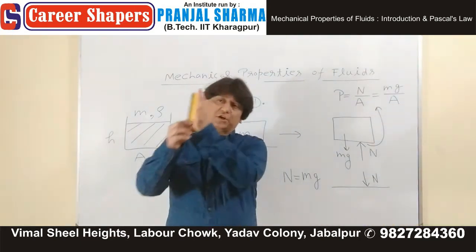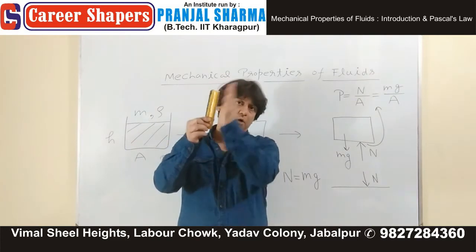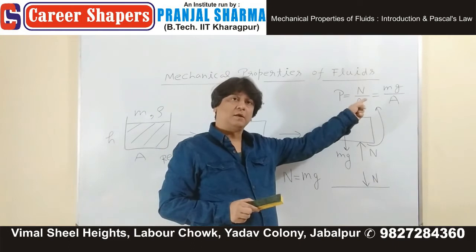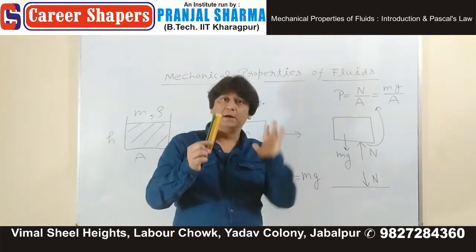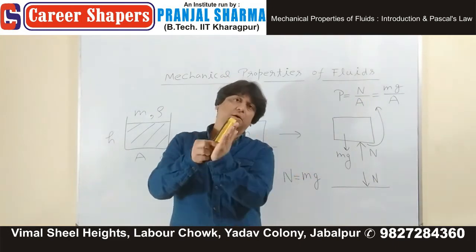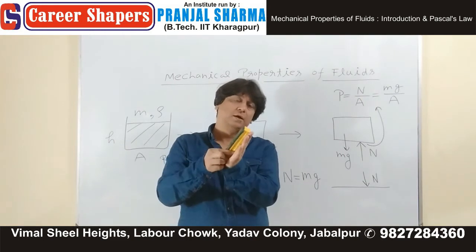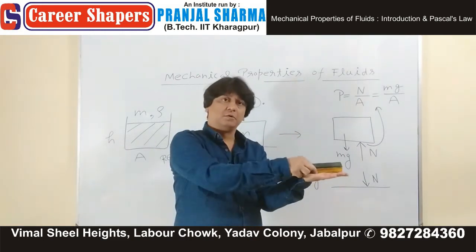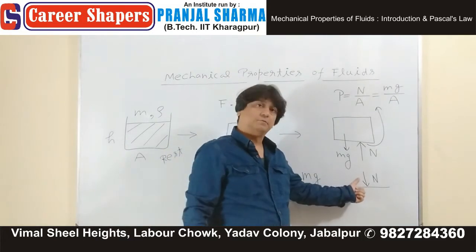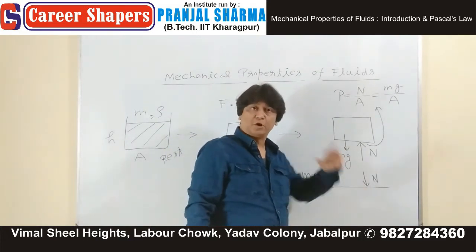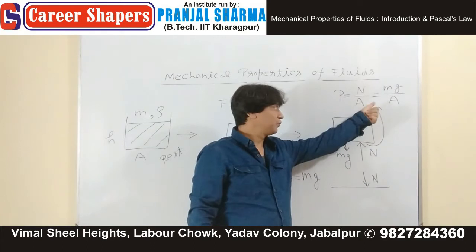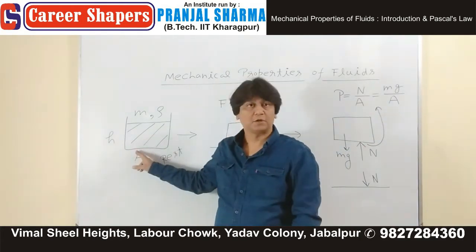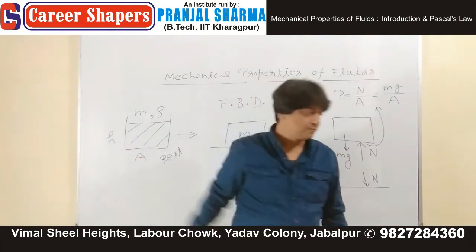What is pressure at the bottom of the liquid column? mg upon A. Where did this come from? My hand pushed the liquid column. But in turn, this liquid column is also pushing my hand down. With what force? They are both the same, because of action and reaction, and therefore the same pressure is acting at the base of the beaker also.